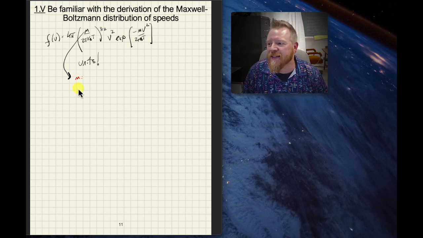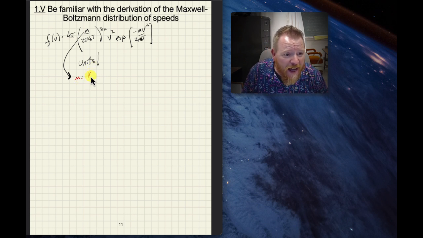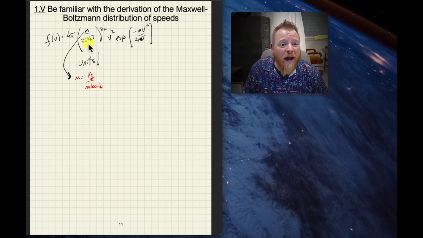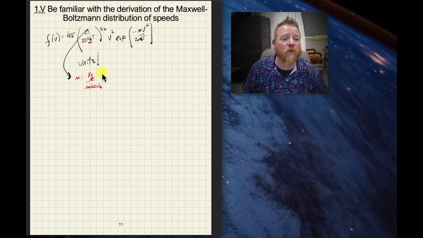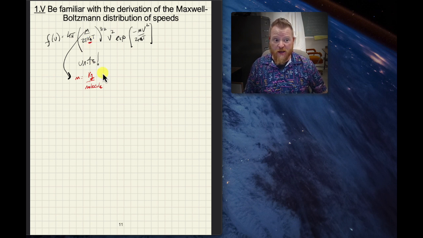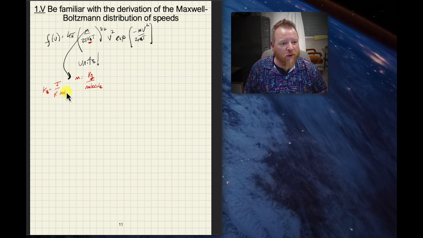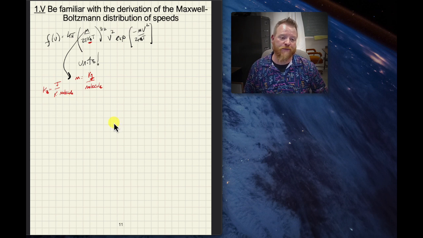That lowercase m specifically has units of kilograms per single molecule, which is why it's paired up with Boltzmann's constant, okay? Because remember, Boltzmann's constant, kB, is technically joules per Kelvin per molecule.